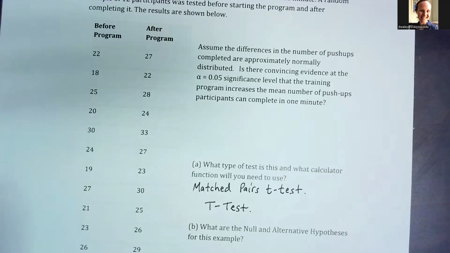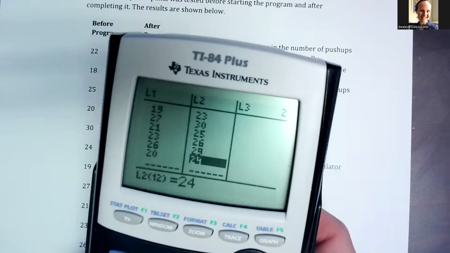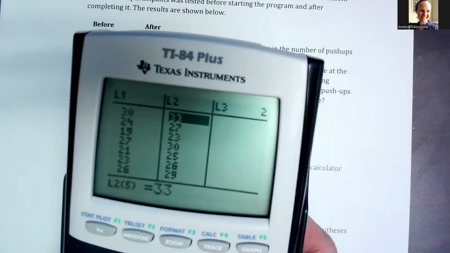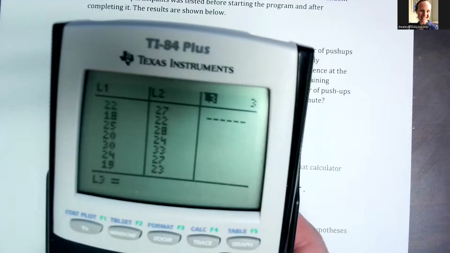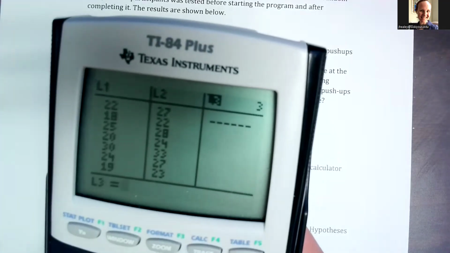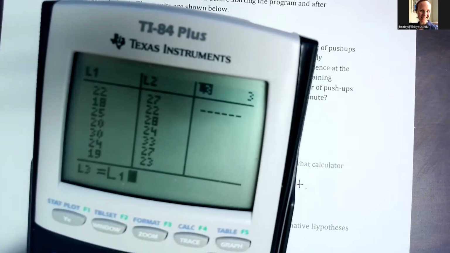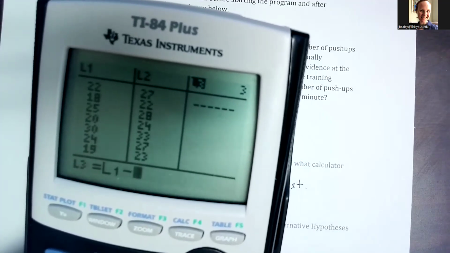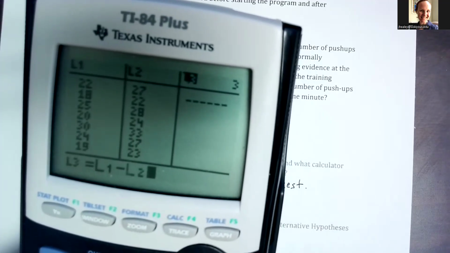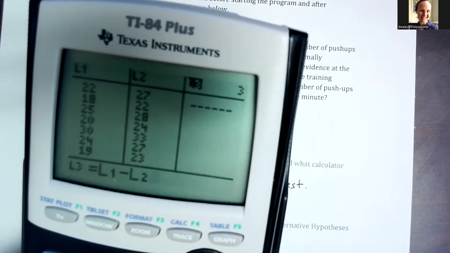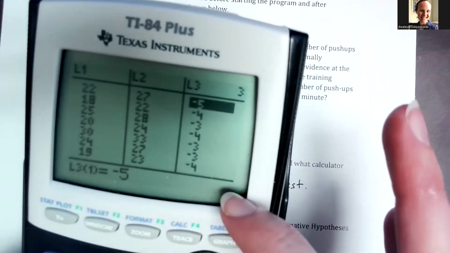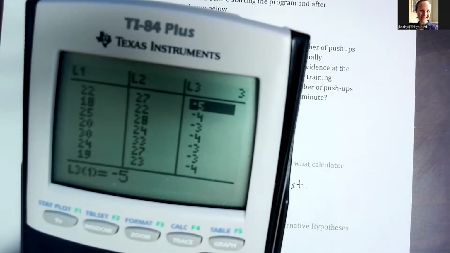Okay. So once you've got them all entered, you go ahead and you arrow up to where the L3 is and hit enter. And then down at the bottom, we're going to hit second and 1 to put the L1 there, minus, and then second 2 to put the L2 there. So when I hit enter, it's going to fill in the L3 for me with the difference between these numbers.